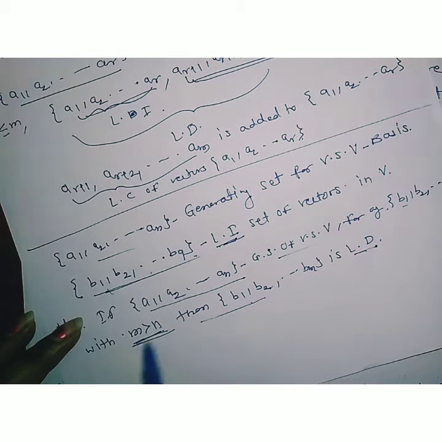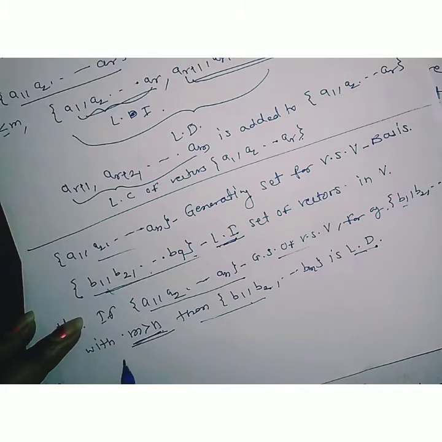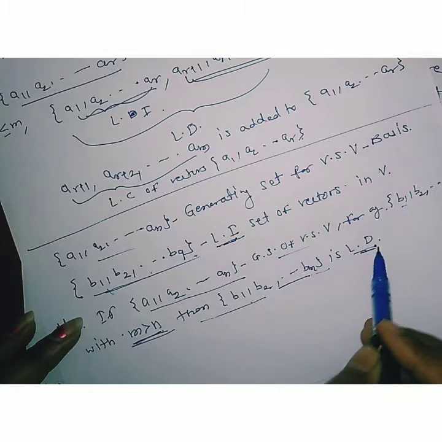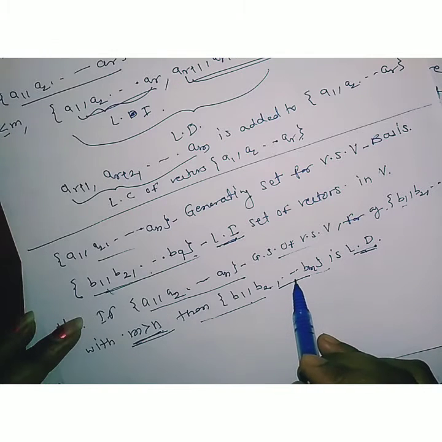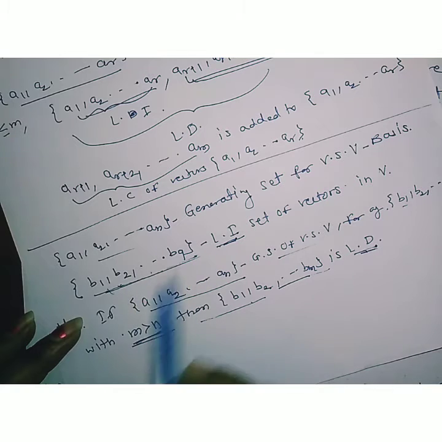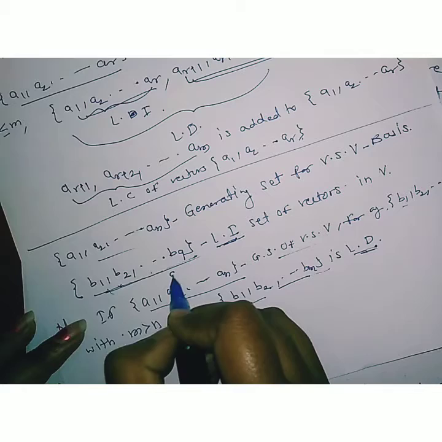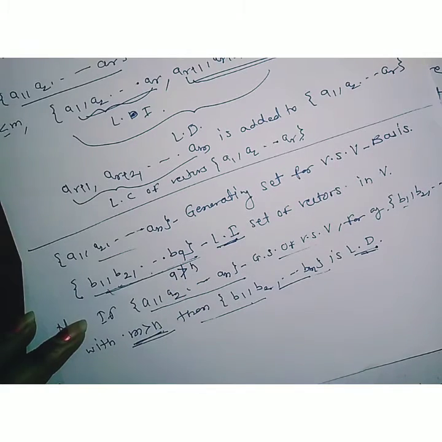Therefore, the condition m greater than n is not satisfied here. Therefore, the reverse condition should be applied. If we consider b1, b2, ..., bm a linearly dependent set, this contradicts our fact that b1, b2, ..., bq is a linearly independent set. Therefore, q cannot be greater than n.